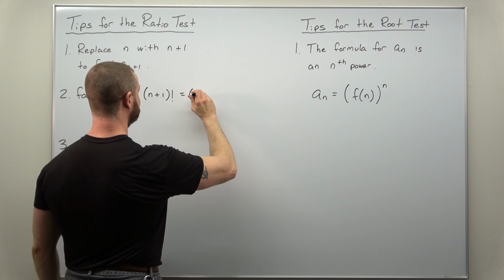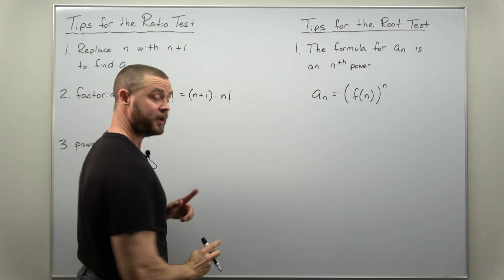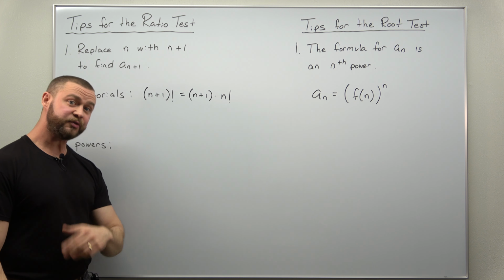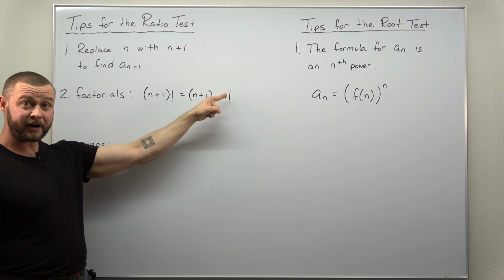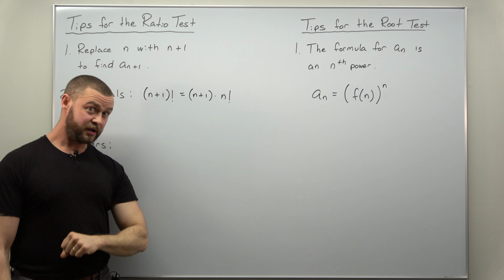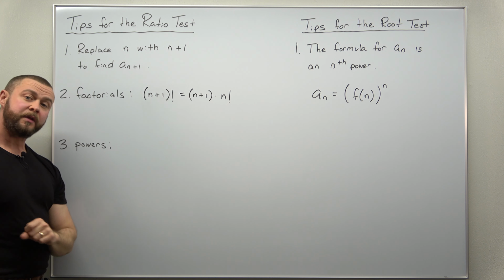We can write n plus 1 factorial as n plus 1 times n factorial. And in most problems, when you're applying the ratio test, the n factorial term here at the end will eventually cancel out. So keep that in mind if you're going to apply the ratio test with factorials.